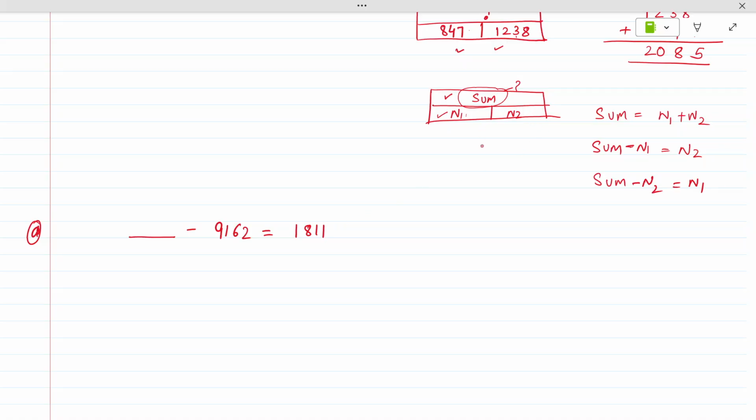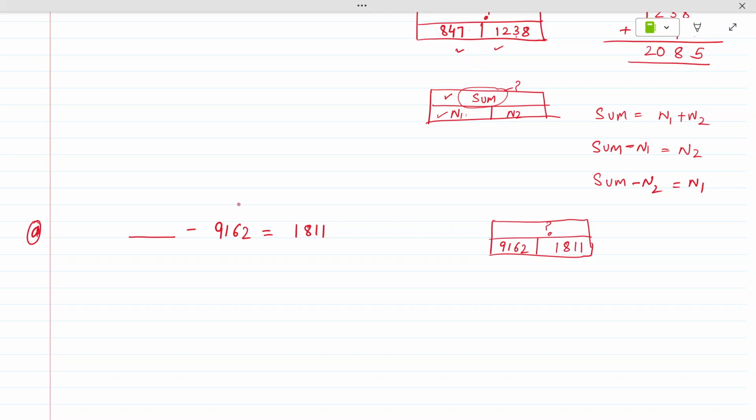So it's the same thing we did in the model just now: we are subtracting one number from something and we are getting the other number, 1811.